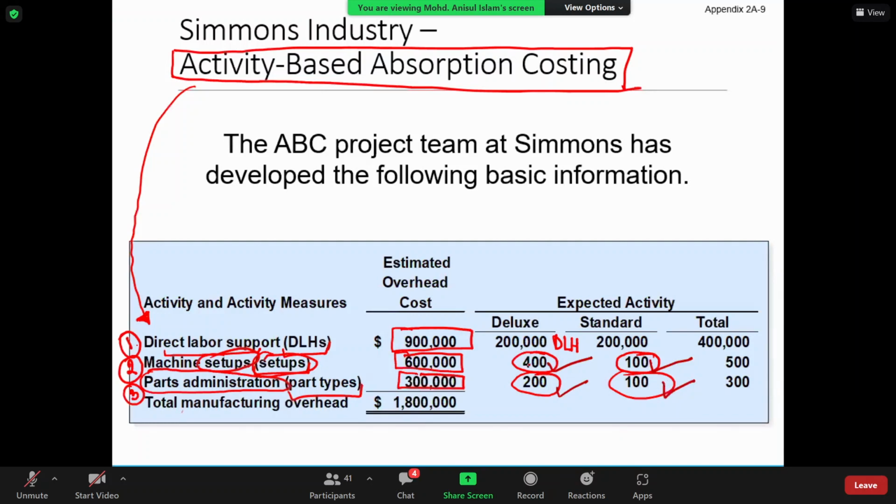But instead of taking these differences into consideration, if we just divide the total manufacturing overhead cost by the number of direct labor hours, in that case what will happen? The deluxe product and the standard product would take a similar type of cost.